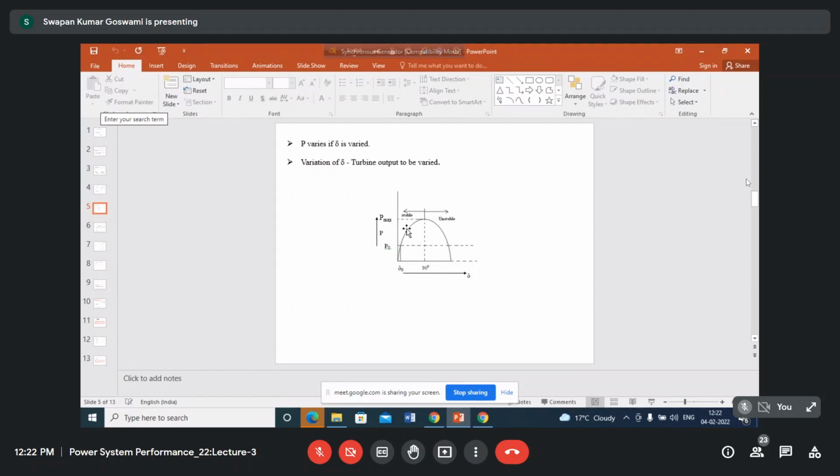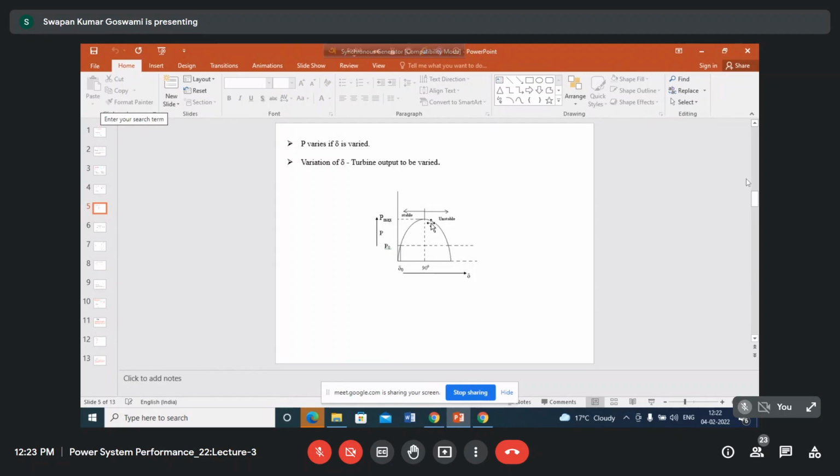It was initially above synchronous, but then it became synchronous again. But if the operating point is this one, and the power input increases, then delta will increase because of the increase in the speed of the generator, but the generator will not be able to increase its power output. That means the difference between input and output will increase.